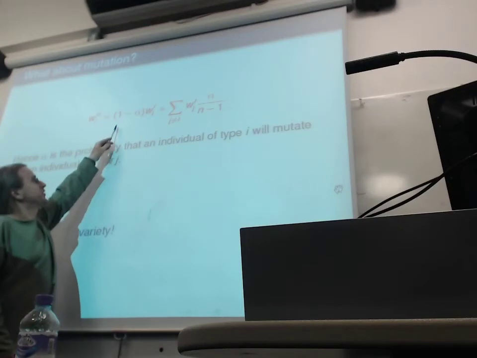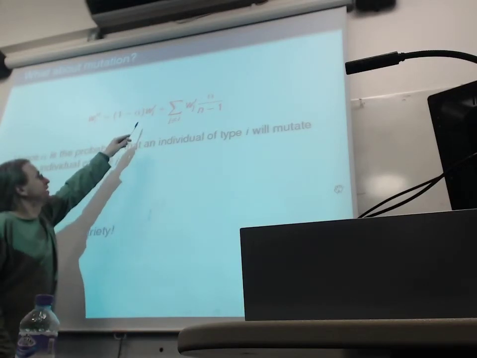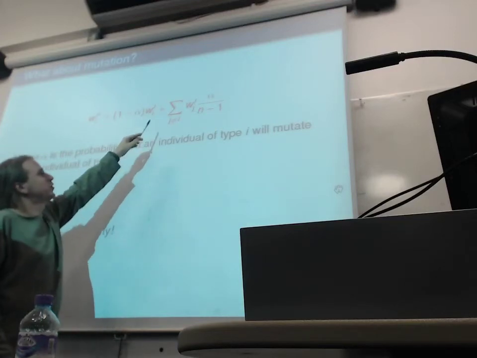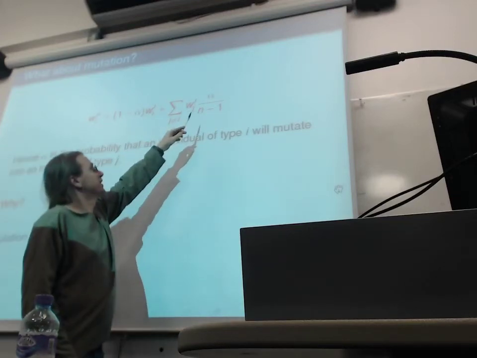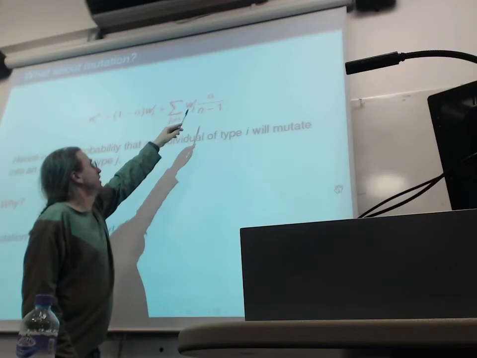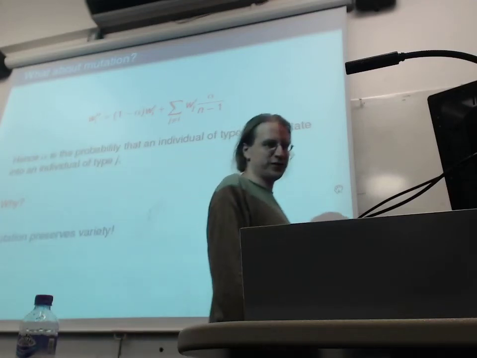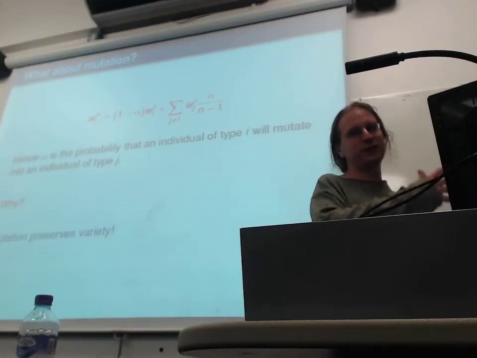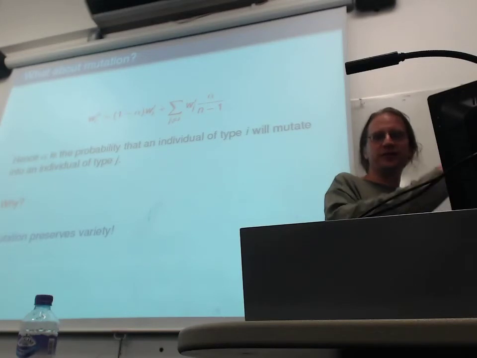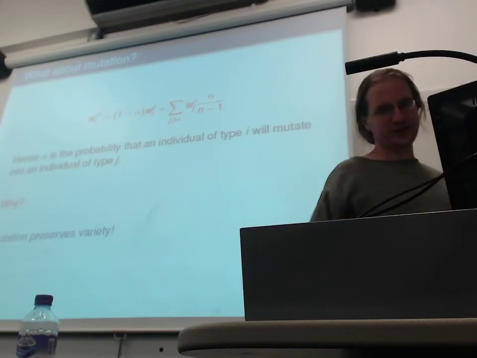That's exactly this. Each individual either stays itself with probability 1 minus alpha, or with probability alpha, it switches into another individual, and the individual that it can switch into is uniformly selected from all the different individuals. So there's no structure to the individuals anymore.